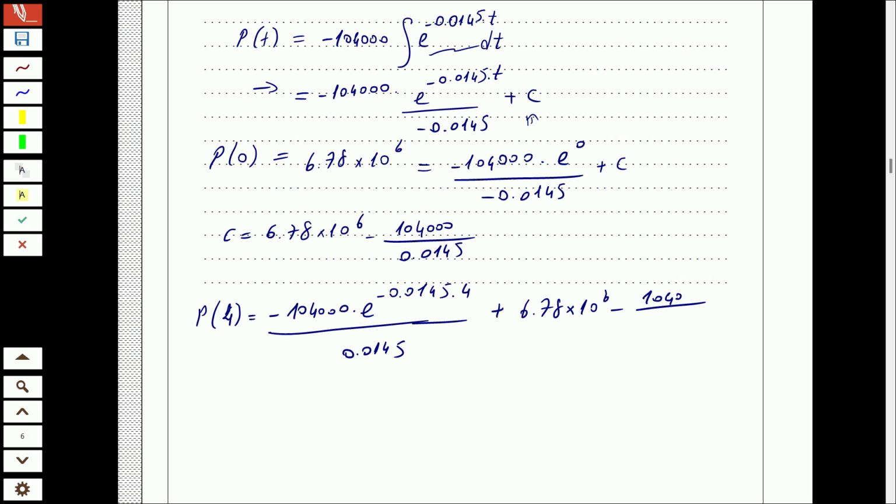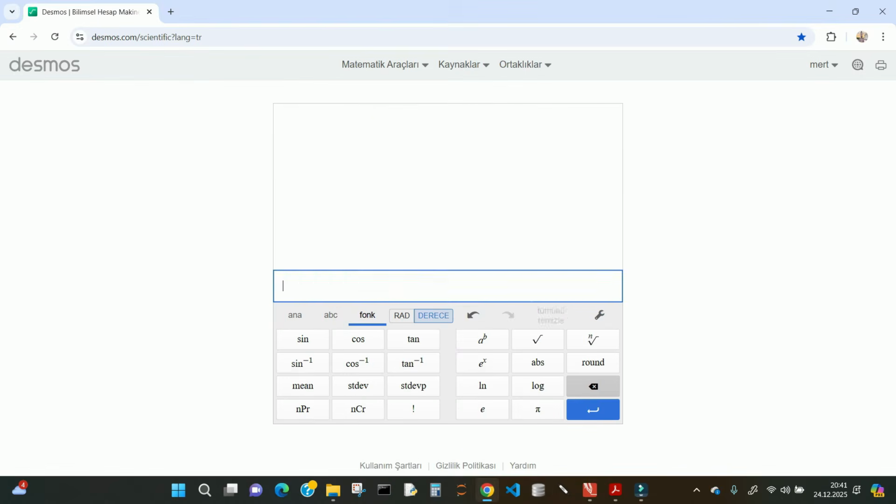So we're going to calculate this. It's going to be 104,000 over 0.0145 times e to the power of 0. Make sure to write in parentheses 0.0145 times 4 because there's multiplication in here.